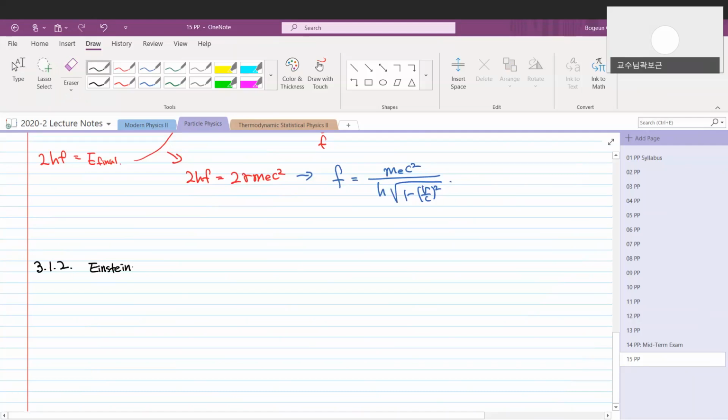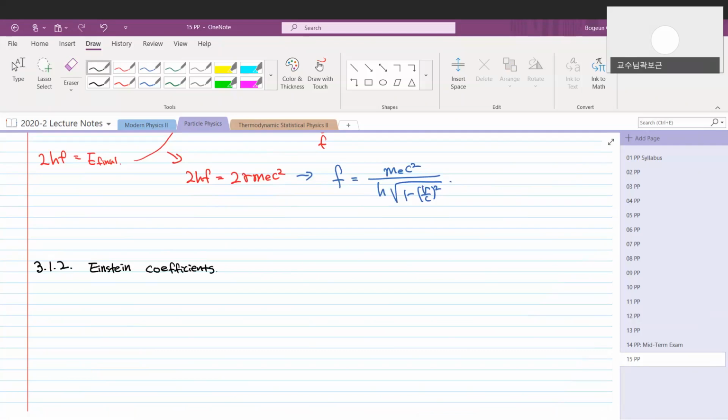Here, Einstein considers black body radiation as a kind of equilibrium state. If we apply quantum theory to black body radiation, we don't need equilibrium. But anyway, Einstein and Planck considered black body radiation a kind of equilibrium state.